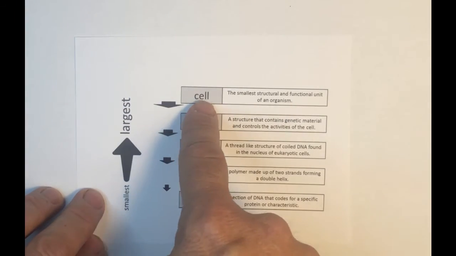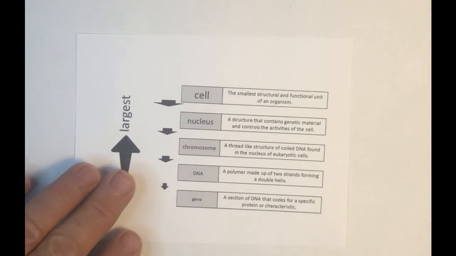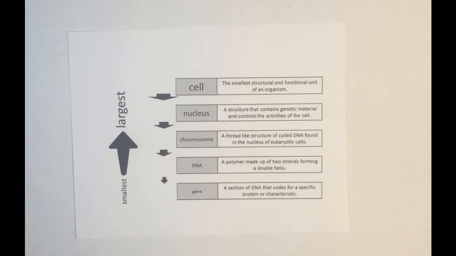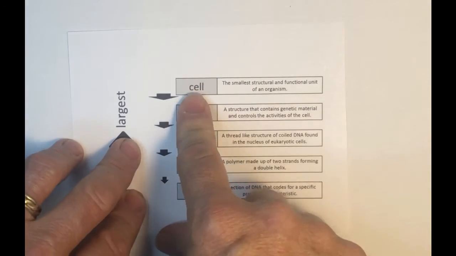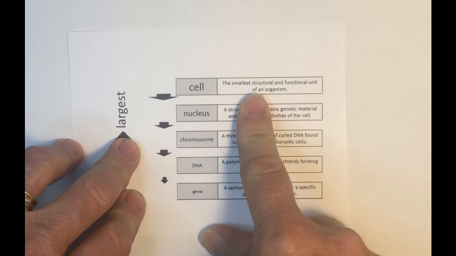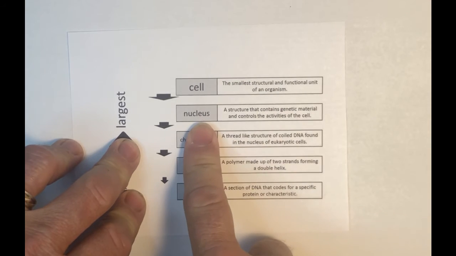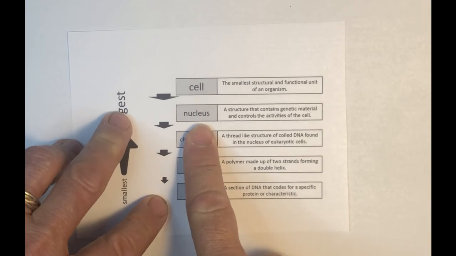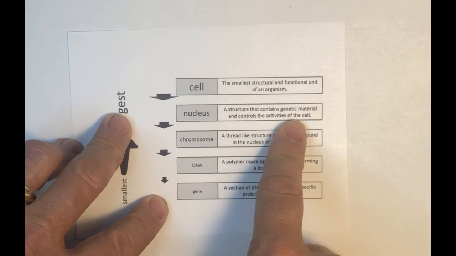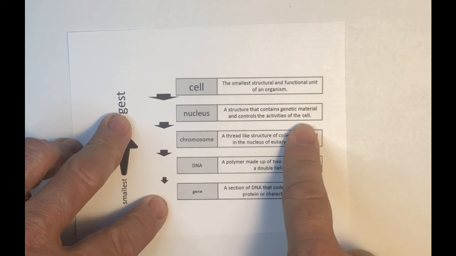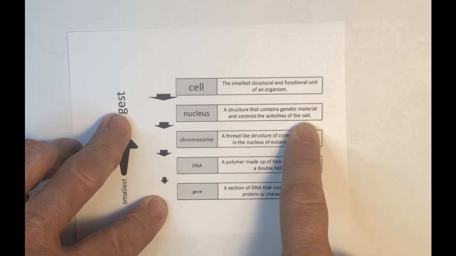What to write is: genetic material is stored in the cell. The cell is the smallest structural and functional unit of an organism. Within that cell is a nucleus. The nucleus is a structure that contains genetic material and controls the activity of the cell.